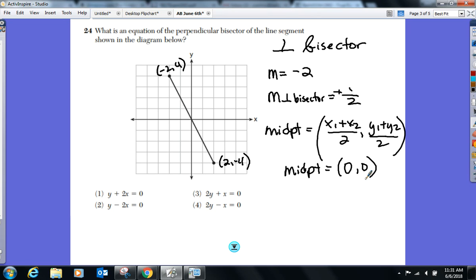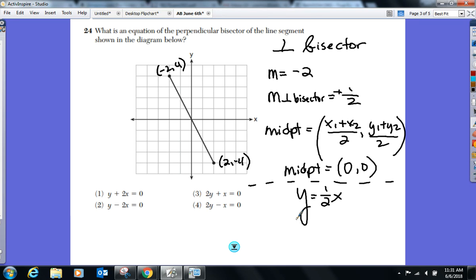Can we put the two together now and write the equation of the line? y equals, what's your slope? 1/2 x, and what's your y-intercept? Where's it go through? 0, so that's it, 1/2 x.